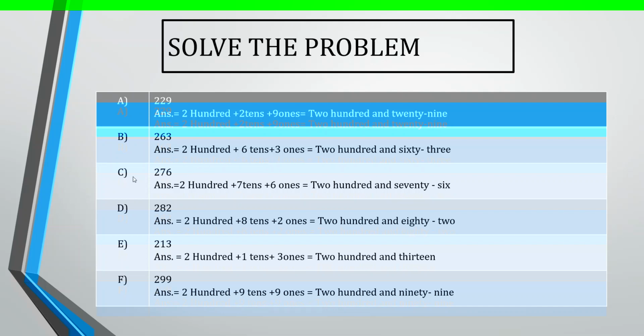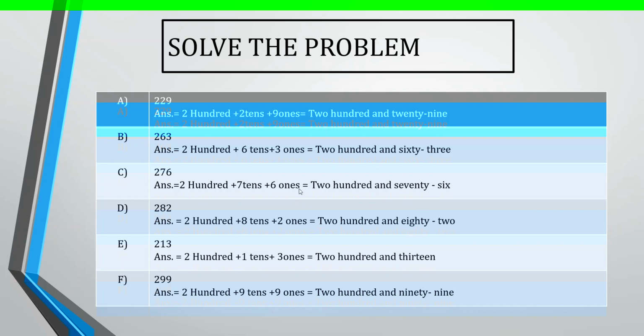Next question, question C. 276. Can anyone read the number 276? 200 plus 7 tens plus 6 ones. 276. Yes, 276.